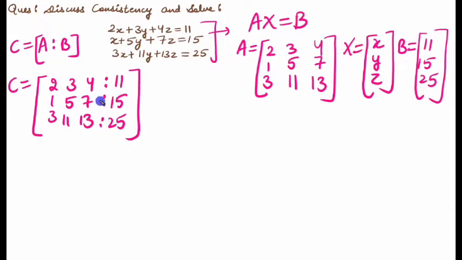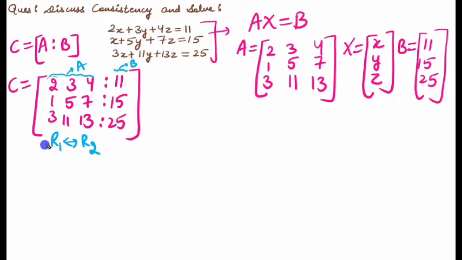Now हमें क्या करना है, this matrix is A. If we write this down, this is the matrix A. We know that these are the elements of matrix B. तो हमें क्या करना है, matrix A को upper triangular form में reduce कर लेते हैं, and then we will be finding the rank of A and simultaneously the rank of augmented matrix C. Simplifying the calculation, let us use a row operation, that is R1 interchange with R2.